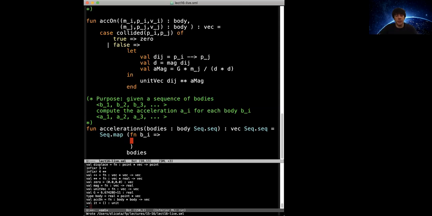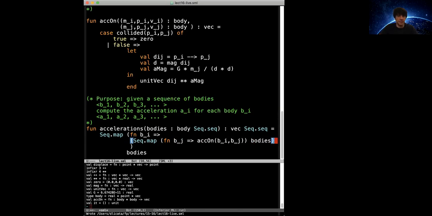So what we can do is take all of the other bodies and map a function that sends body j to the acceleration on body i due to body j.